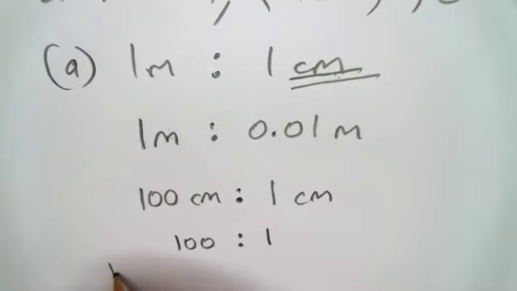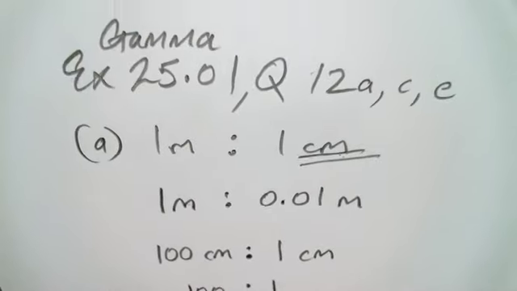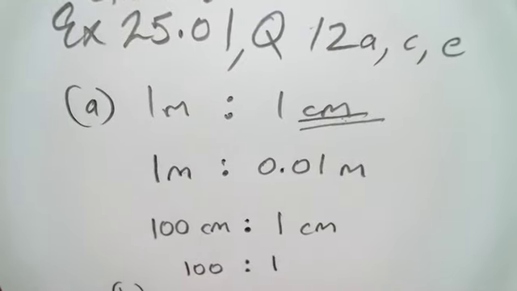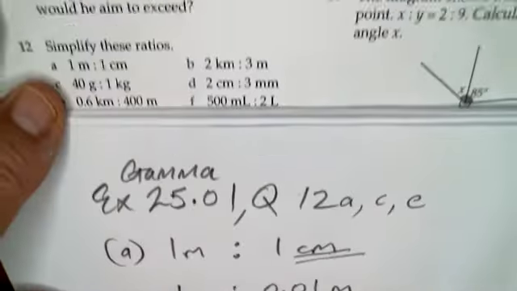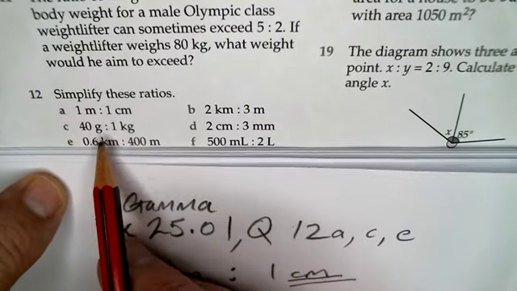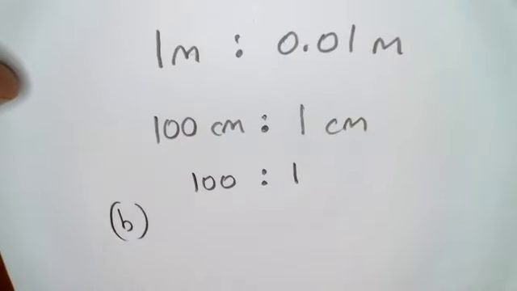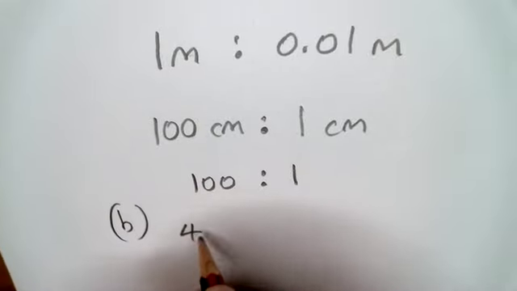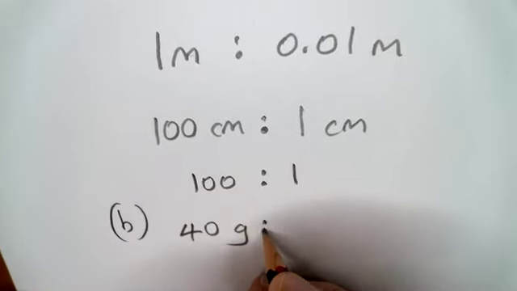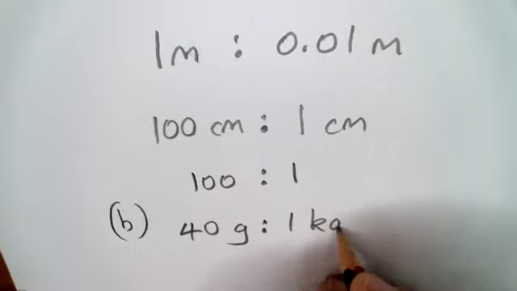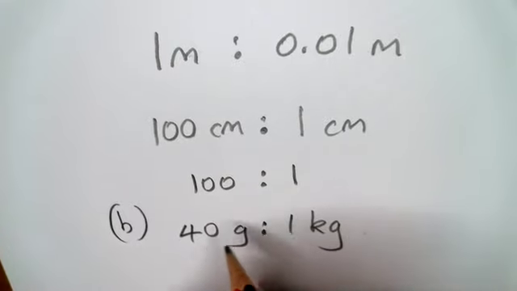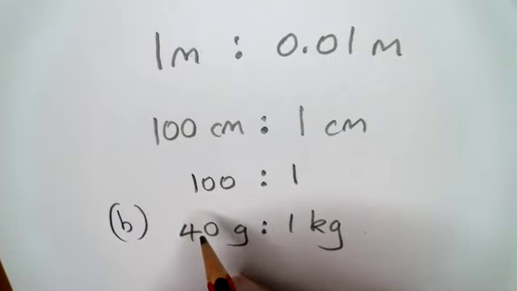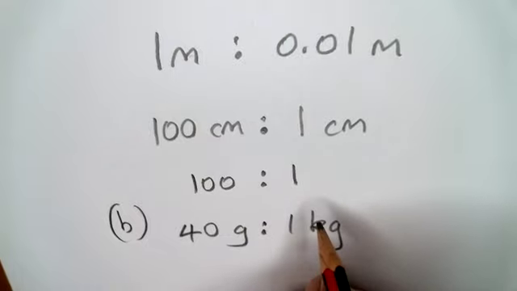Let's have a look at B. B states 40 grams to 1 kilogram. How many grams are there in a kilogram? Grams is the smallest unit, so I'm going to turn the larger one into the smaller one.